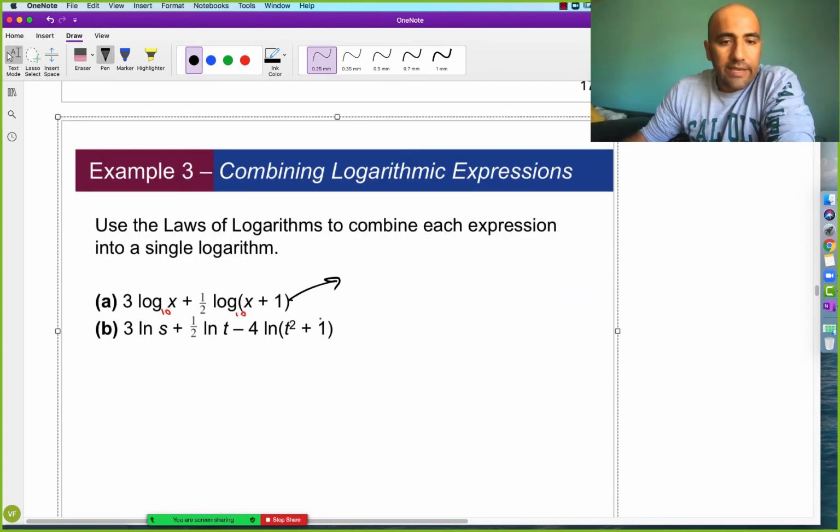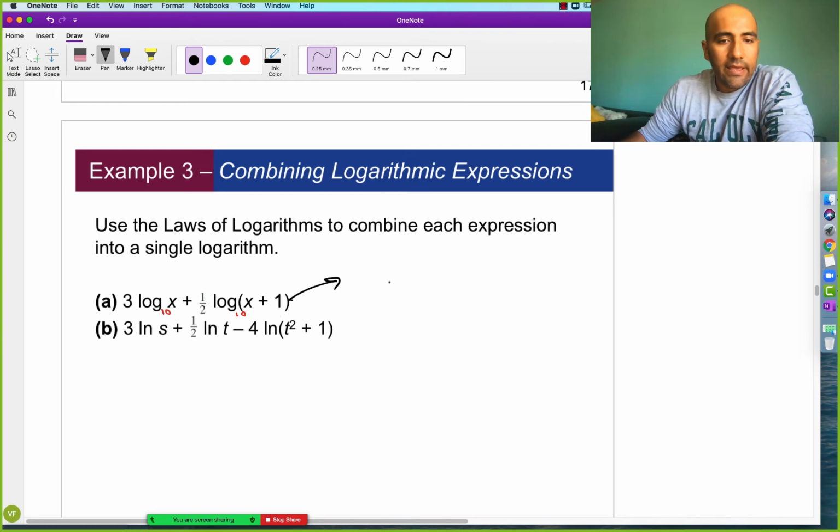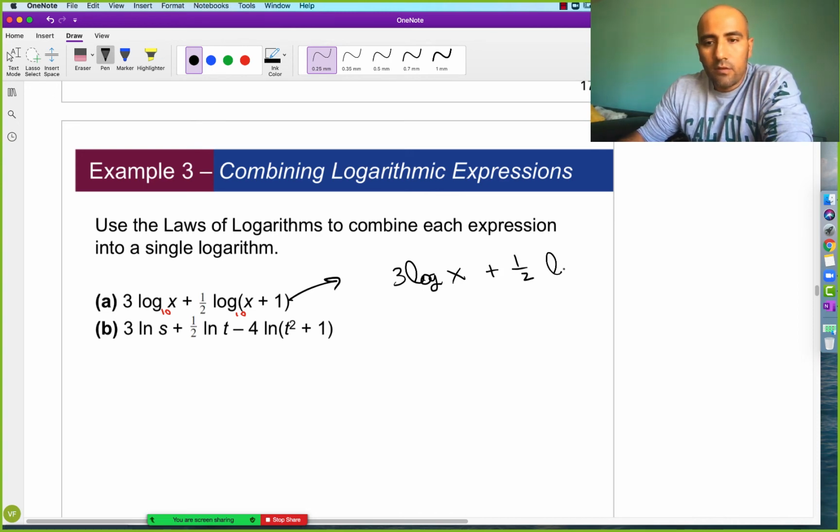So a common mistake is to take this and, here, let me just copy it over here. We have 3 log of x plus 1/2 log of x plus 1. Since we see addition, people usually notice that that must mean some sort of multiplication of the two.